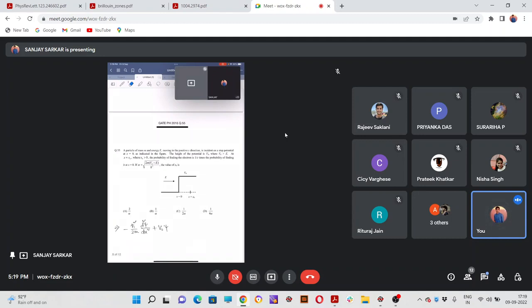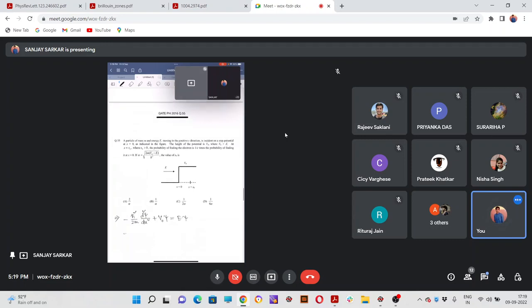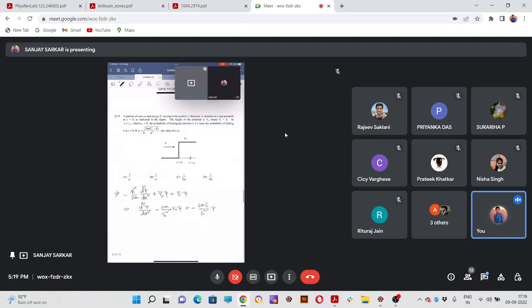So for x greater than 0, v0 psi equal to e psi. So d2 psi dx2 minus 2m by h bar square v0 psi equal to minus 2m e by h bar square psi. If at any step you do not understand, then let me know.